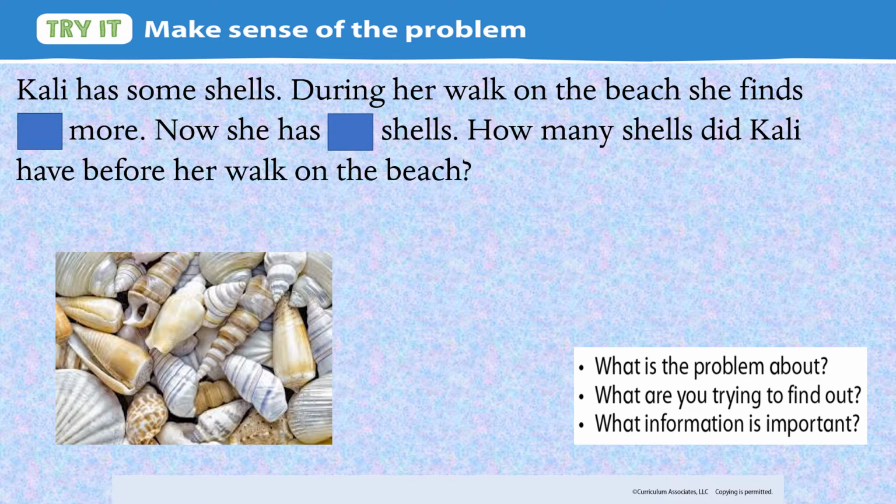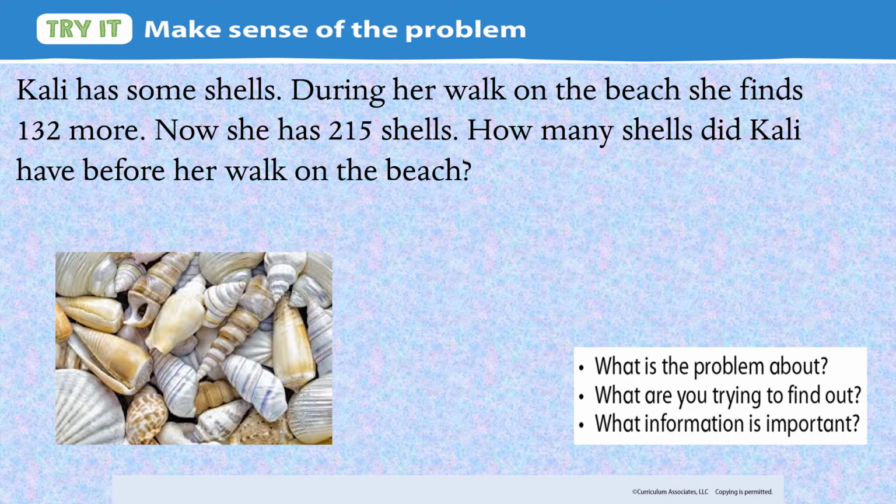We are trying to find out how many shells Kaylee had before her walk on the beach. This is called a start unknown problem. In order to solve this problem, we have to know how many shells she found and how many shells she has now. Let's look at those numbers.